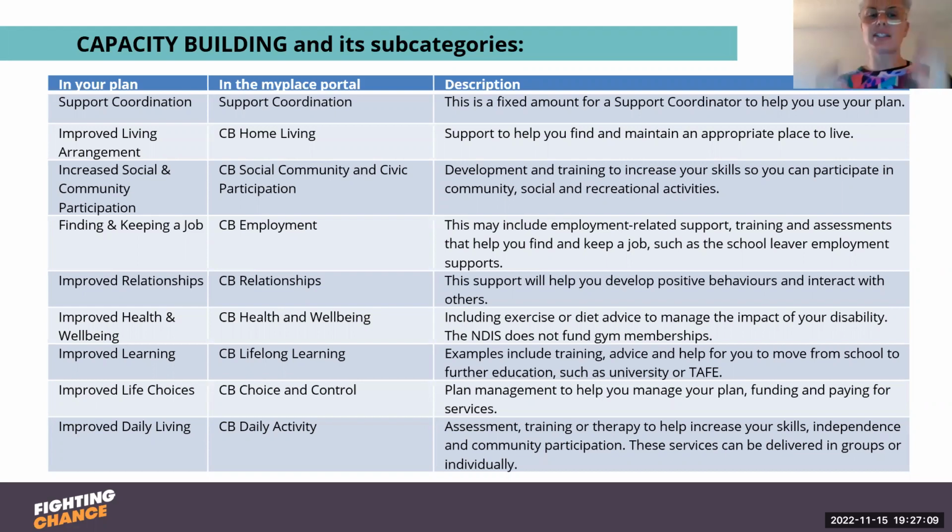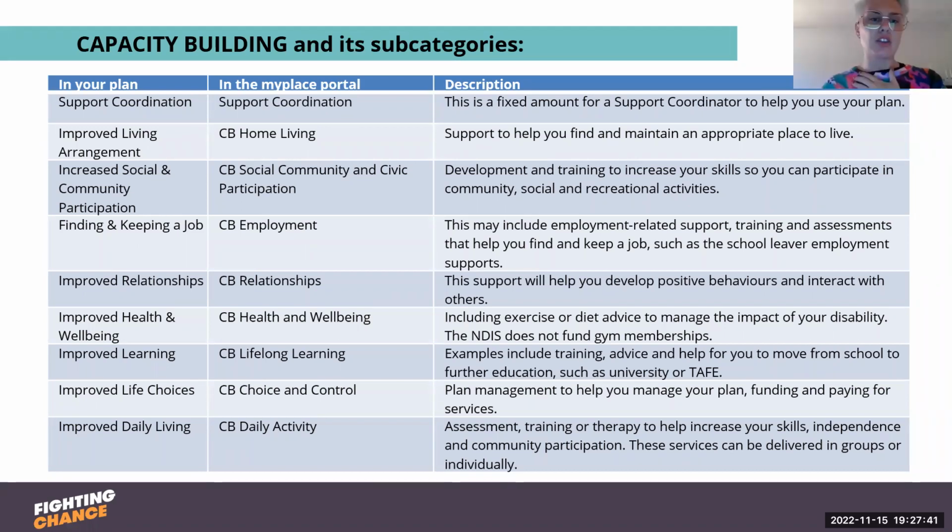But essentially, this budget is put in. It again isn't funded a whole lot because it creates a little bit less flexibility. So with core budgets, you could go between all of the budgets apart from transport, unless you had that option. Whereas with capacity building, you can't go between as easily apart from CB health and wellbeing and CB daily activities.